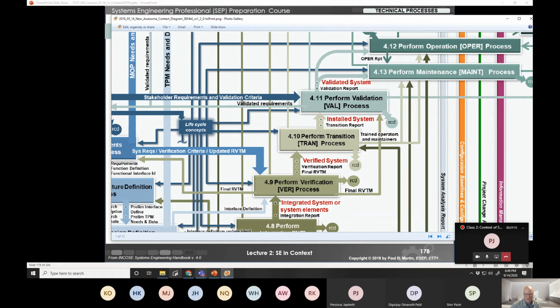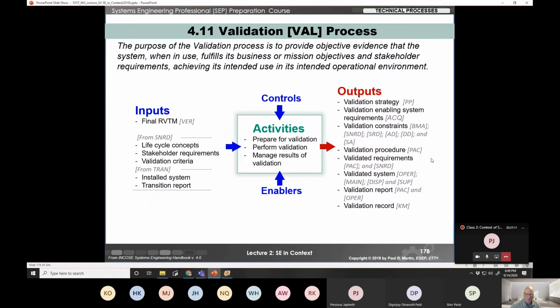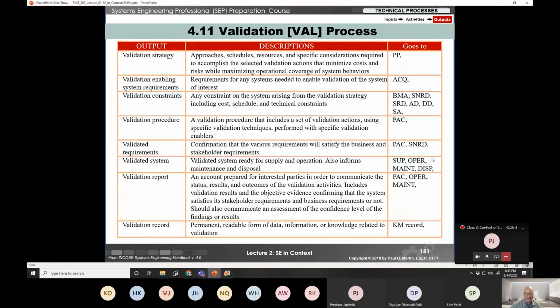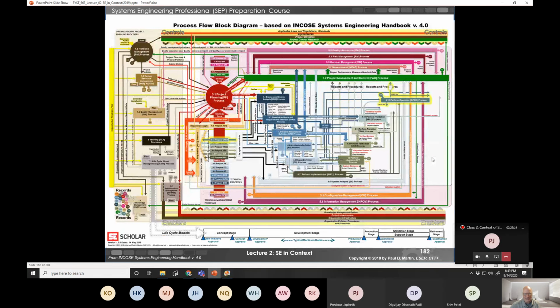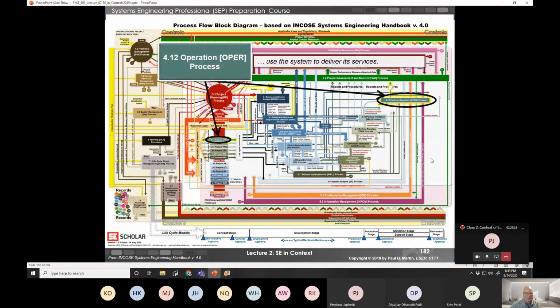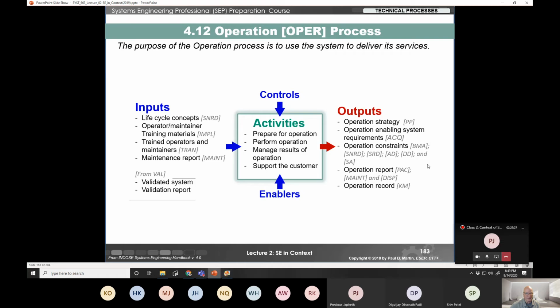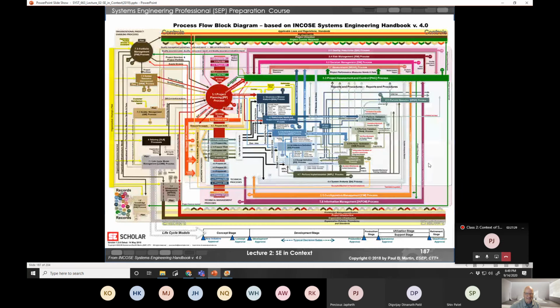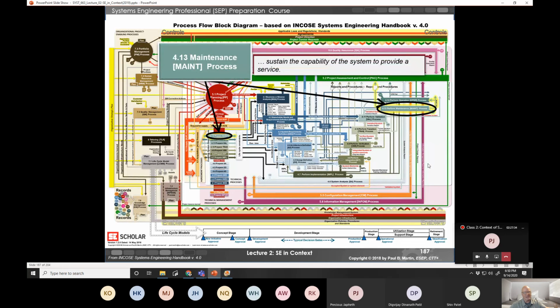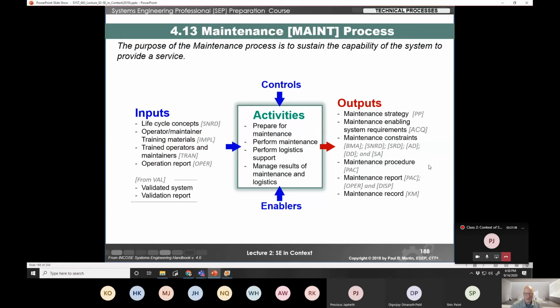It will perform the mission as you go forward. So with that in mind, you wind up putting it into operation. You actually use the system to deliver the service that you expect it to do. You also, at the same time, go into maintenance mode. That's where you make sure the system works as you're going through it.